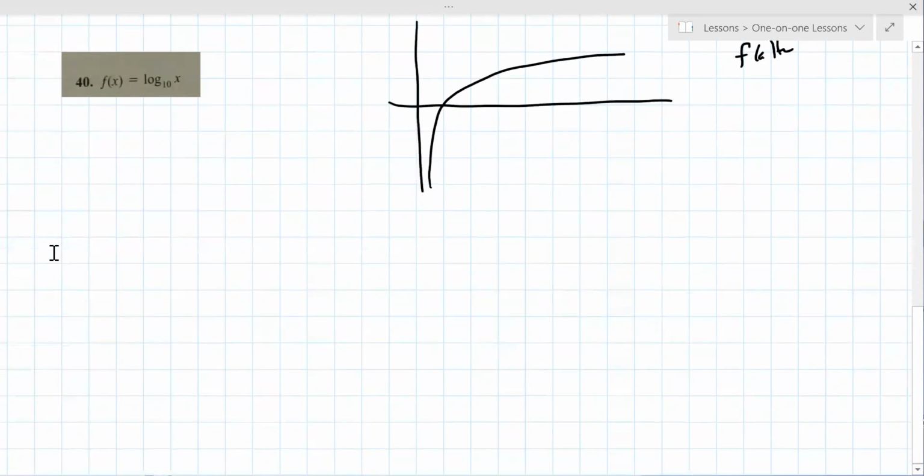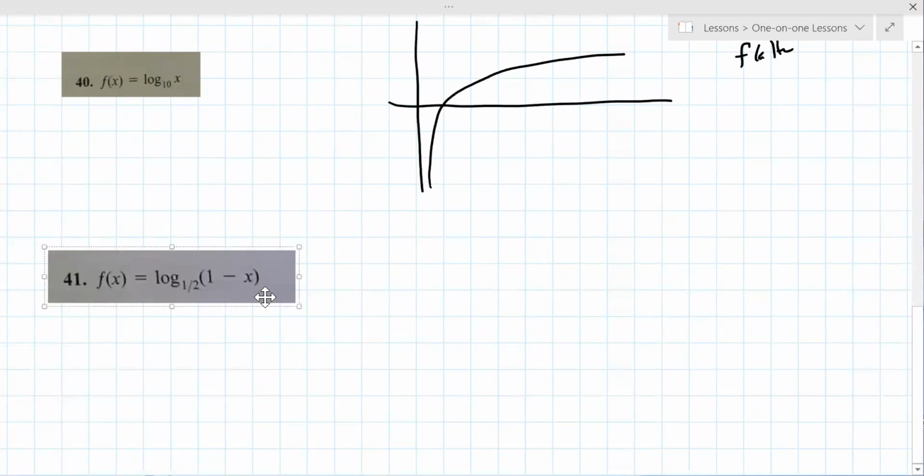So 41, yeah, 41 does. 41's got a lot going on here. This base of 1/2 has the effect of a flip over the x-axis. Now this 1 minus x is a little bit weird.